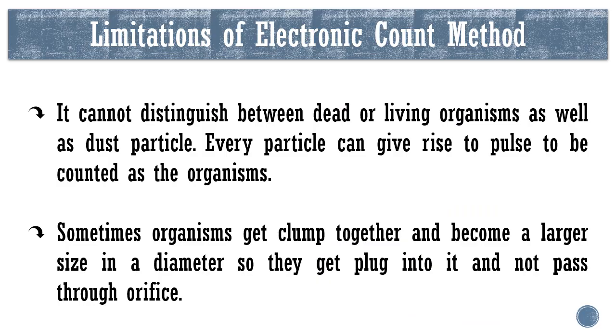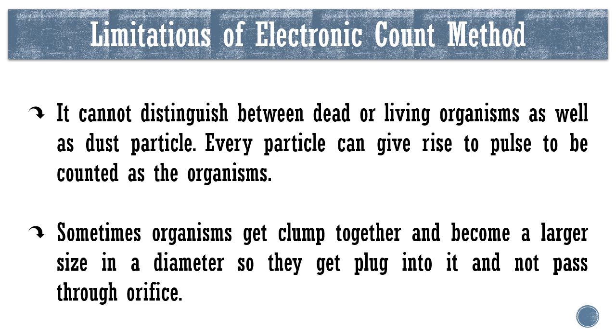The main limitation, or main disadvantage, of this electronic count method is that it cannot distinguish between dead and living organisms as well as dust particles. Each and every particle can give rise to a pulse to be counted as an organism.